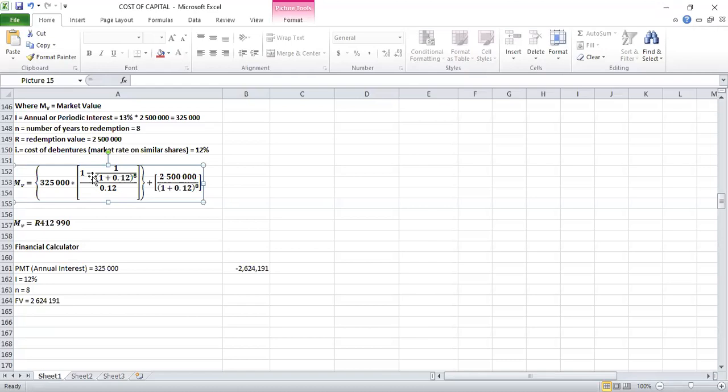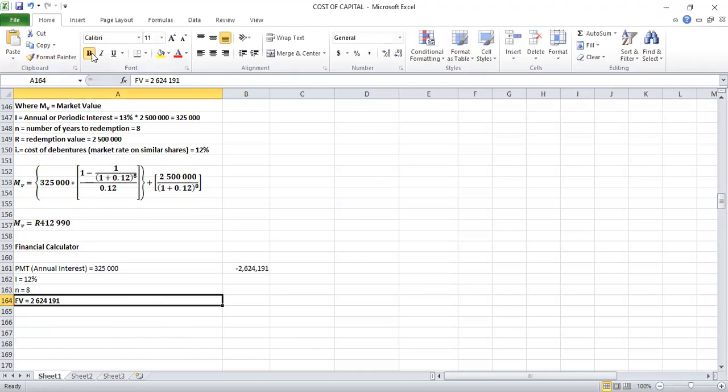All right, plus 2.5. That's the correct answer, even with the calculator. I think there are some figures that you punched wrongly. So this will be our market value.